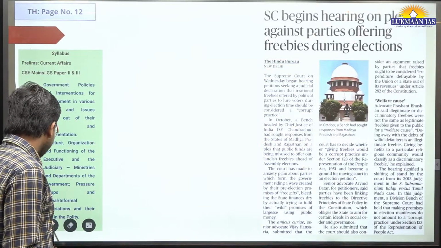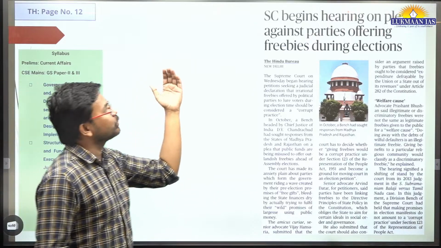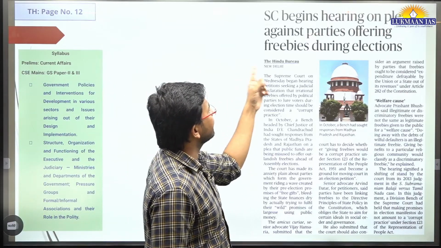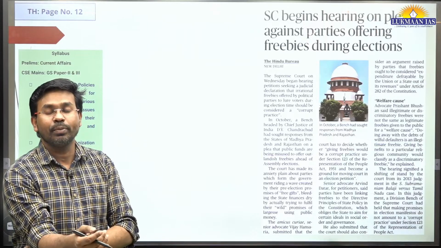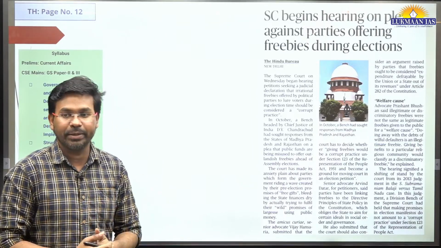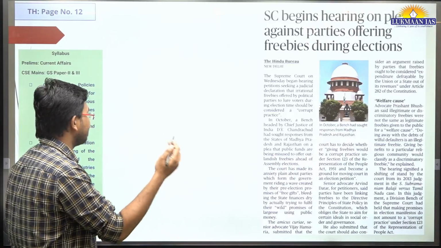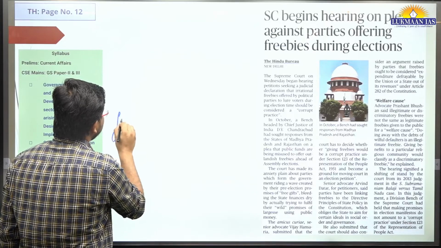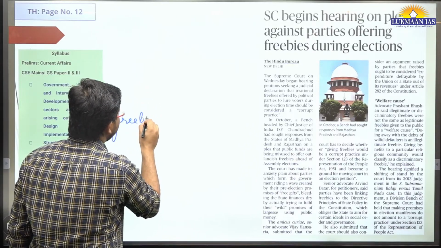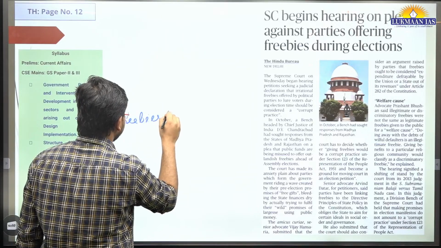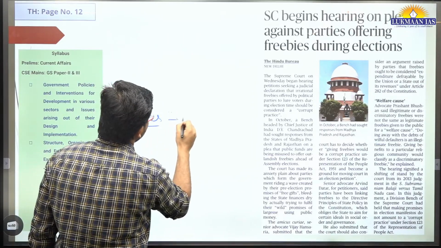Now we have another topic. It says Supreme Court begins hearing on pleas against parties offering freebies during elections. Many political parties promise freebies to, let's say, voters. This freebies issue is being looked into by the Supreme Court of India.